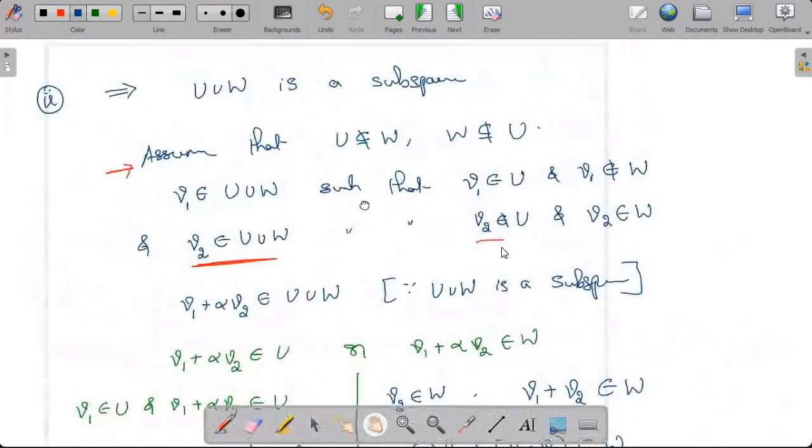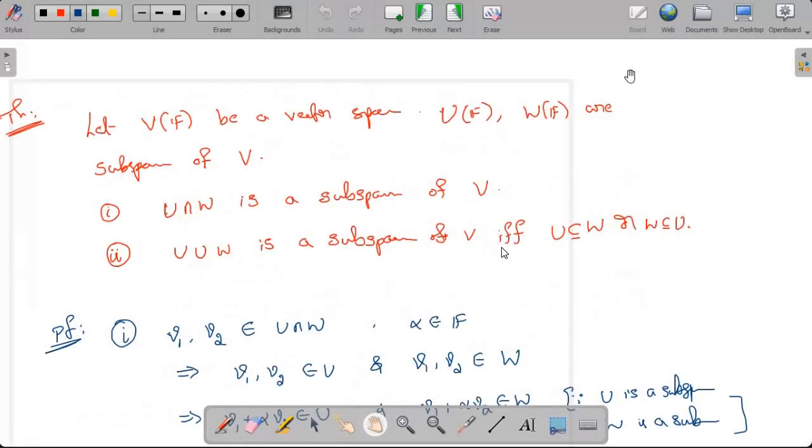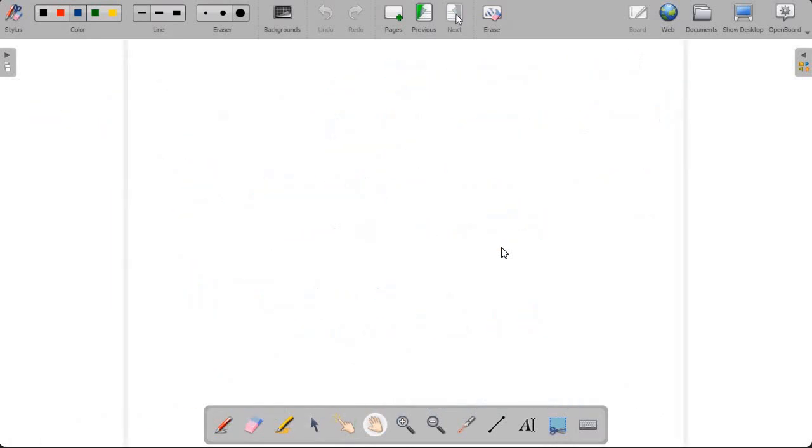Okay. So the union of two subspaces need not be a subspace, but the intersection of two subspaces is always a subspace. And the union is a subspace if and only if one is contained in the other.